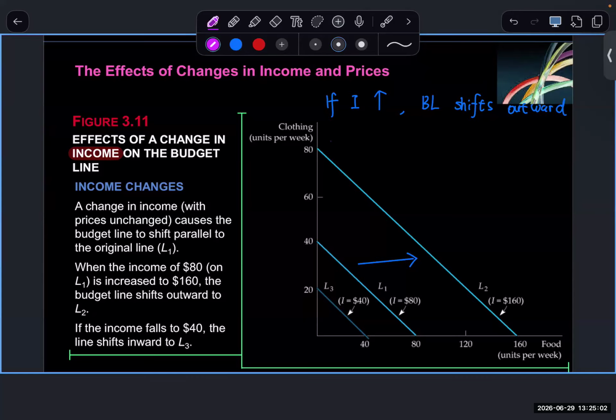Another case, if income falls, the budget line shifts what? Inwards, right? Like from L1 to L3, your income cuts half, okay, from 80 to 40.